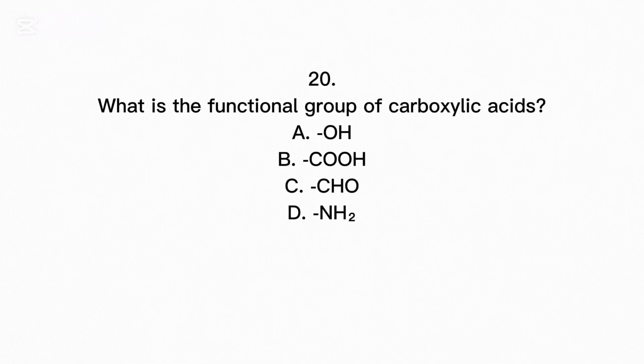Now, what is carboxylic acid? A carboxylic acid is any compound that has the COOH group, which makes it behave like an acid. So from this definition, the functional group of carboxylic acid is B, which is COOH.